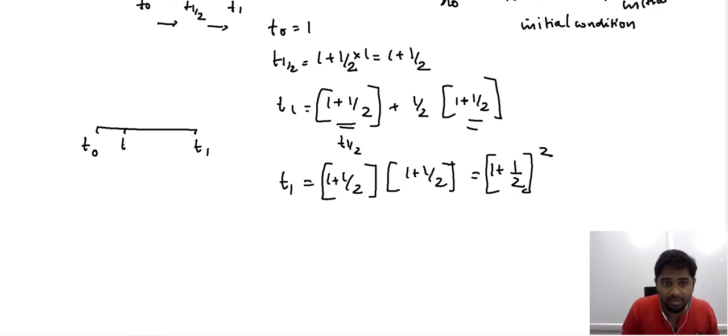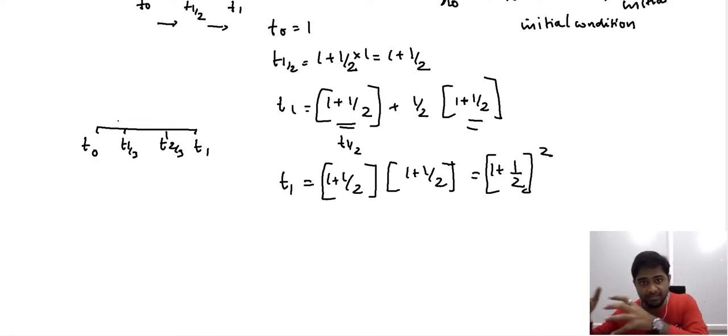So we can consider T1 by 3 and T2 by 3 and ultimately T1. Now in this case, the growth experienced by the precipitate would be, as it reaches T1 by 3, the size of the precipitate will be 1/3 of its original size, and as it reaches T2 by 3, again 1/3 of the increased size will be the new size of the precipitate, and as it reaches T1, it will be 1/3 of the size assumed by the precipitate in its previous time step.